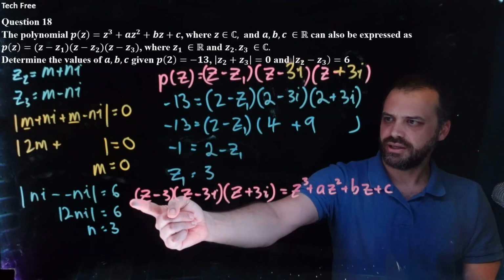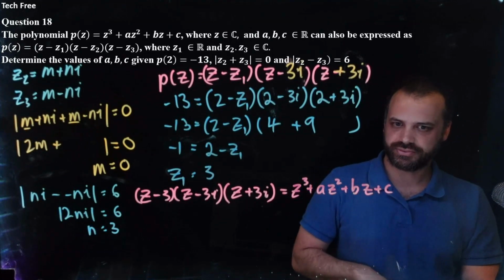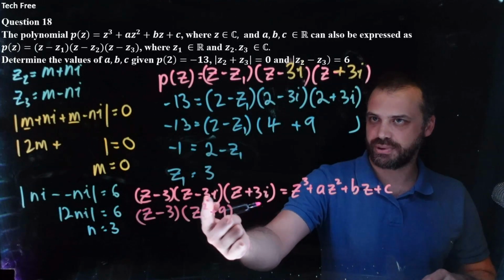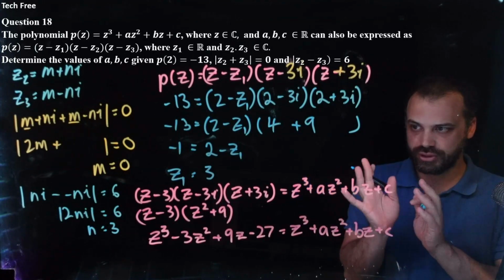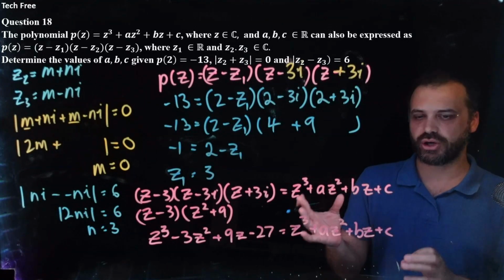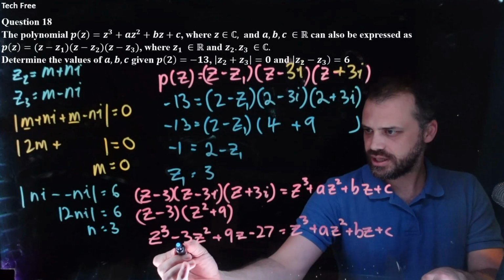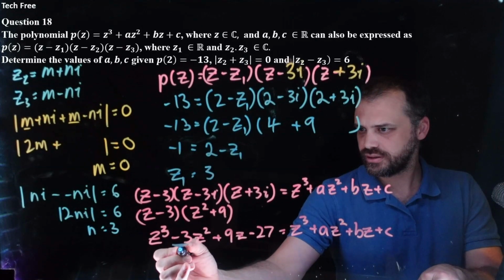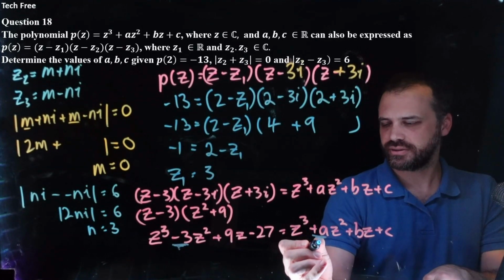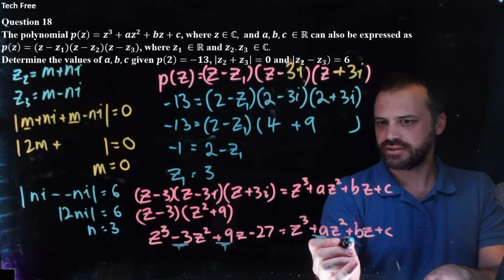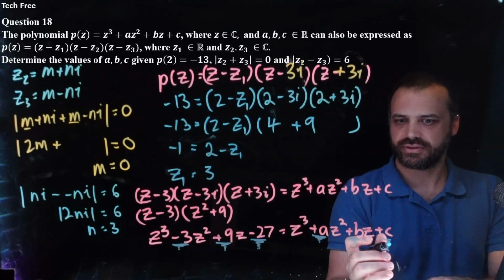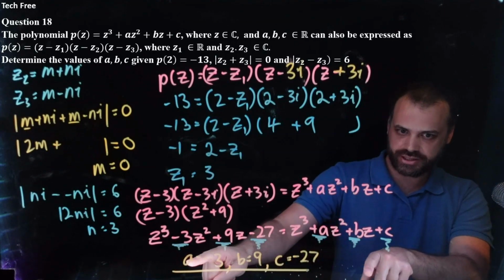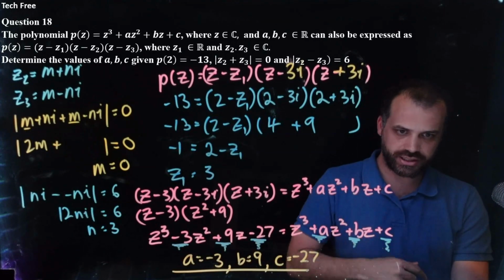And let me expand this side now. Important to note, it's easier to expand these first ones first because they're conjugates. And this is what we're looking for, equating coefficients. So we can now say that negative 3 is A, positive 9 is B, and negative 27 is C. There's my answers. That question is done.